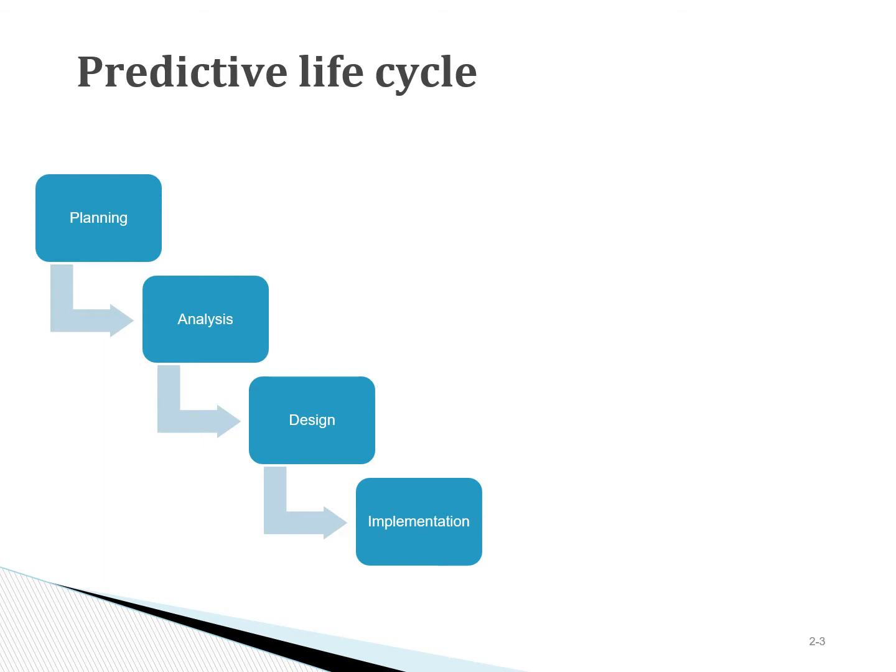And this predictive life cycle approach is appropriate, particularly in situations where the project is doing something that we have done before, and there are not many unknowns. For example, building an office building. This predictive life cycle would work very well for those situations.